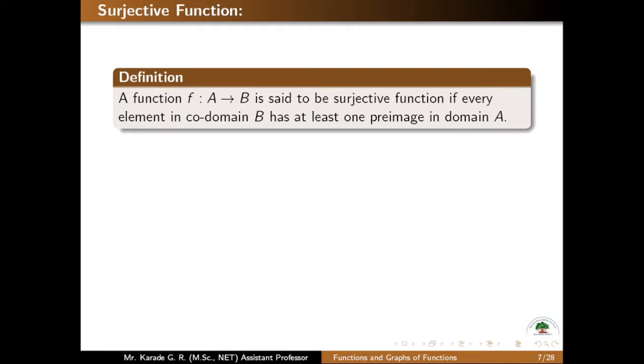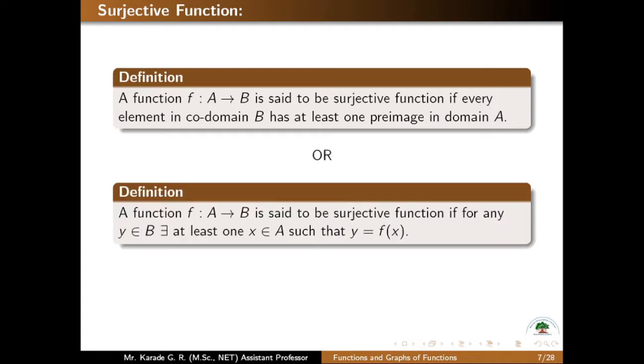Surjective function. A function f from set A to B is said to be a surjective function if every element in codomain B has at least one preimage in domain A. Or in other words, we can define a surjective function like this. A function f from set A to set B is said to be surjective if for any y belonging to B, there exists at least one x belonging to A such that y equals f(x).